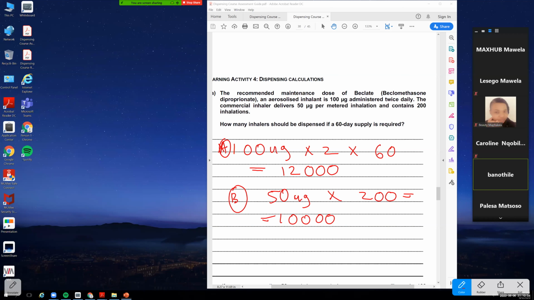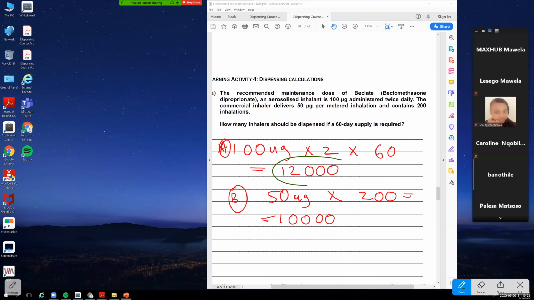What did you guys get? Are my numbers correct there? Yes. So if you look at it, right, for us to control and manage the patient properly, we must prescribe 100 micrograms times 2, reflecting twice a day, and we must be able to give this for 60 days, right?